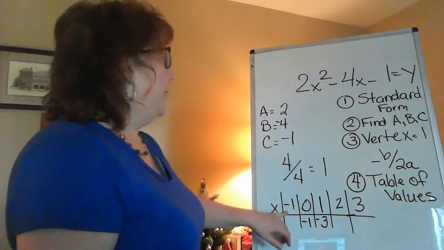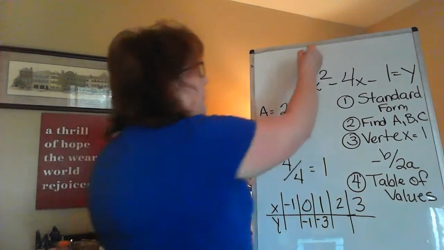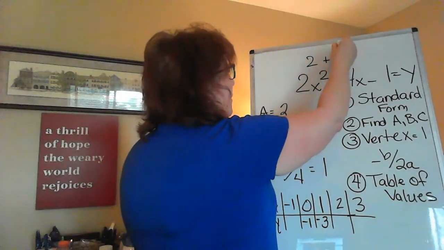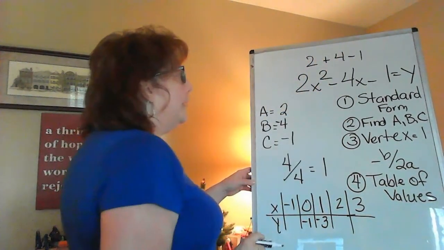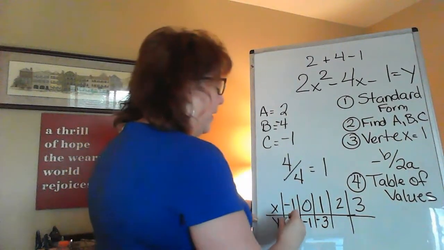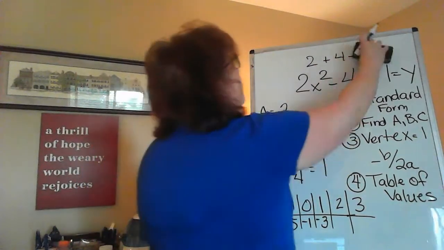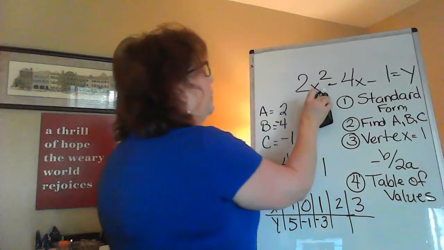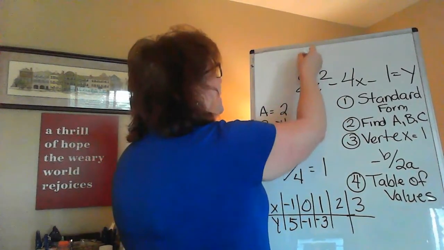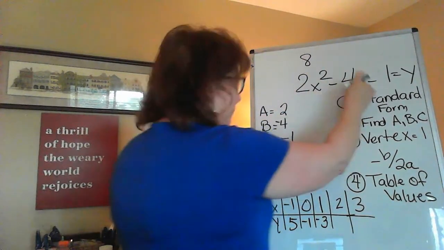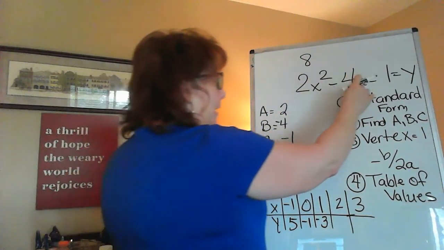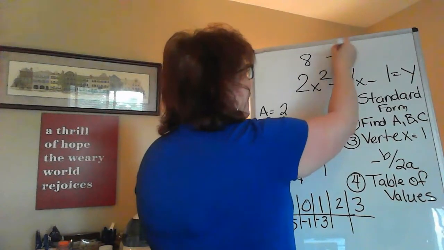Let's stick -1. So we're also going to have 2, but we're going to have plus 4 here, minus 1. So I'm going to have 6 minus 1 is 5. Then we'll stick 2 in. 2 times 2 is 4 times 2 is 8. But then -4 times the 2 is going to make this minus 8.